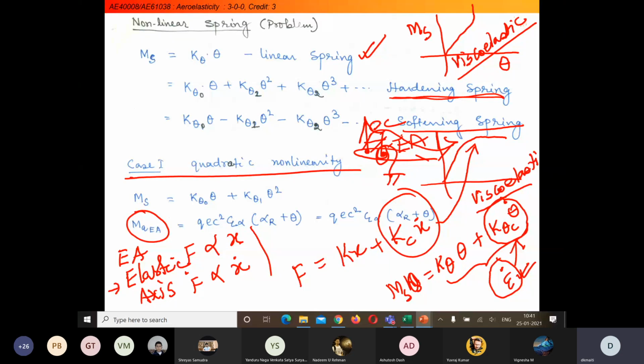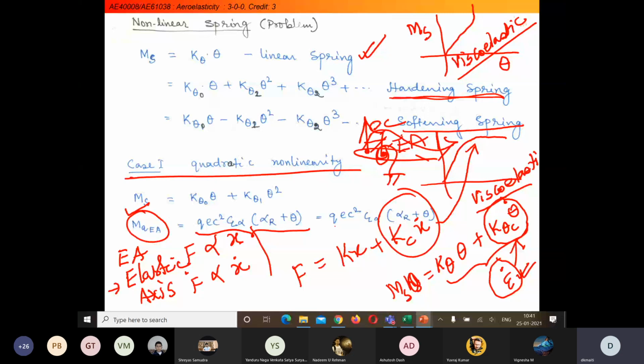So it is nothing but q e c square C L alpha multiplied by alpha r plus theta. Here I have considered aerodynamics in the linear theory. So after substituting here, it will become q e c square C L alpha, alpha r plus theta.